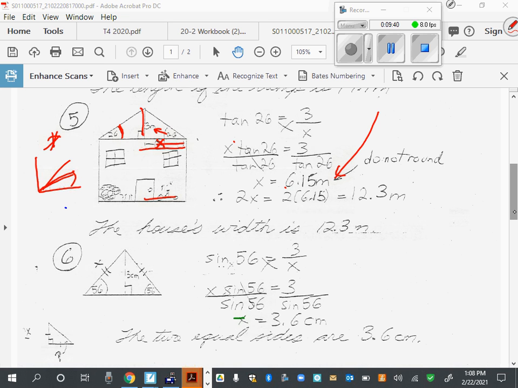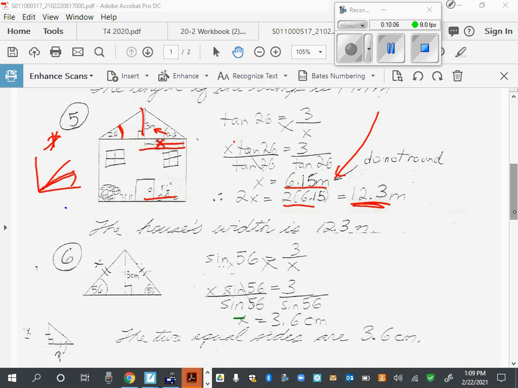So this one, even though we get 6.2, if this was the answer, which it is not, you leave 2 decimal places or more. 2 decimal places is good enough to get 6.15, and when you multiply that by 2, you get 12.3 as the final answer. Okay, you don't round a rounded answer. You want to keep this as accurate as possible, then multiply it by 2.